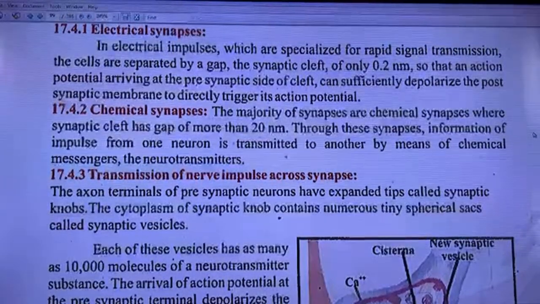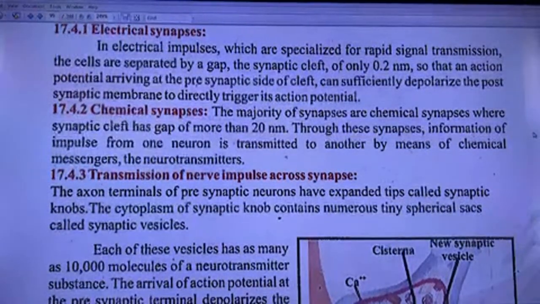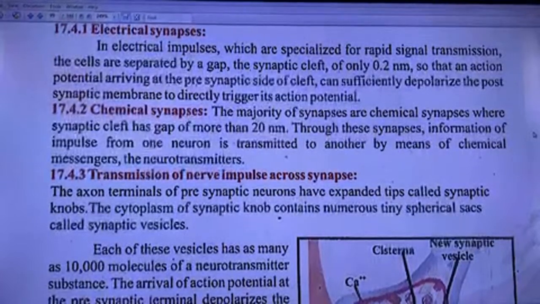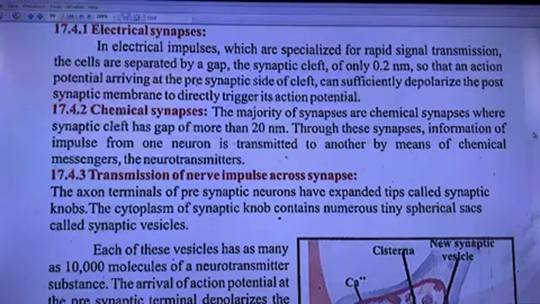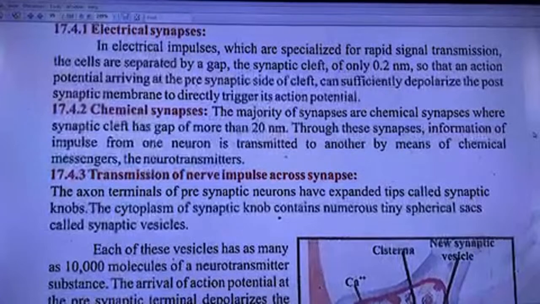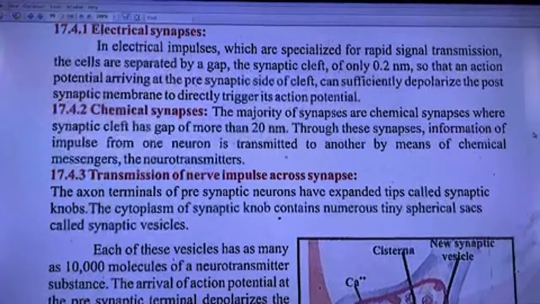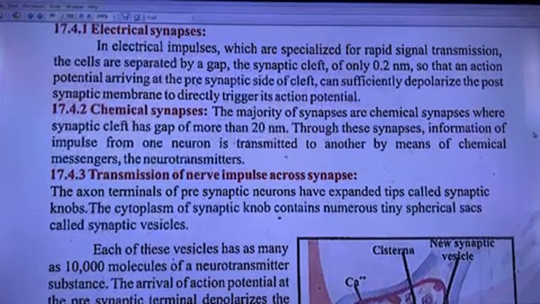Chemical synapses. The majority of synapses are chemical synapses, where the synaptic cleft has a gap of more than 20 nanometer. Through these synapses, information of impulse from one neuron is transmitted to another by means of chemical messengers, the neurotransmitters.